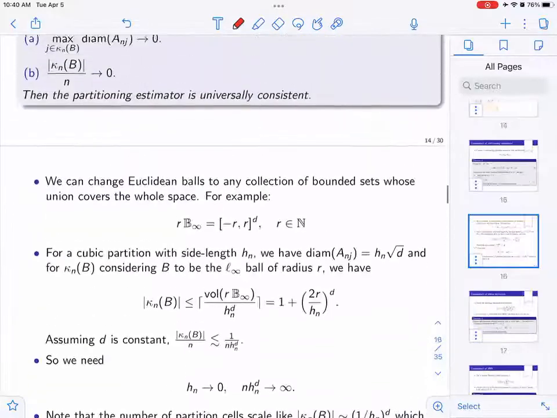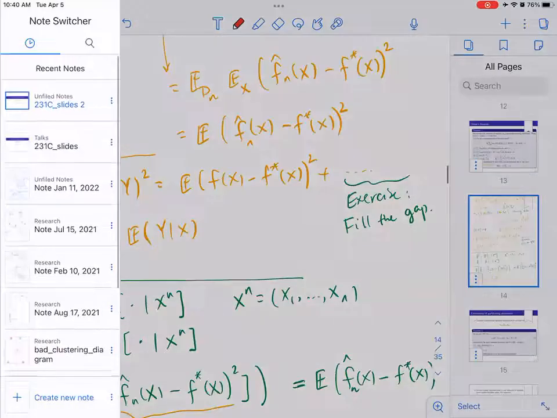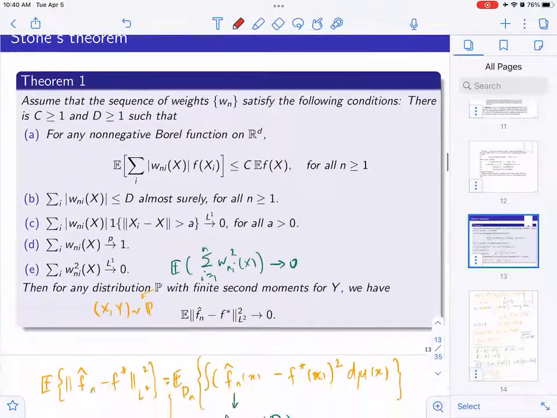Now, in the remaining time, let me recap. This is a technical condition for reduction from the general case L2 to compact and continuous, and it controls one of the terms in the bias, right? And I believe this also comes into play when you have unbounded variance.